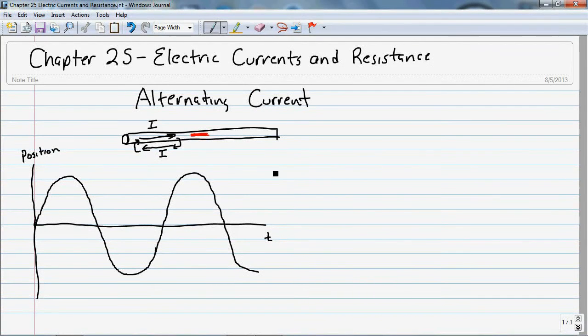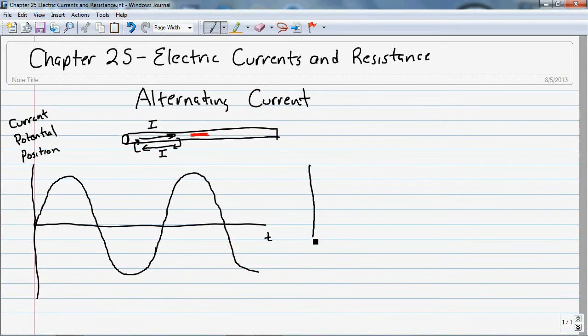Now, this also works for potential. You'll see the potential change in the form of a sine wave. You'll see the value of the current, the rate will change in the form of a sine wave. So that's one possible way.